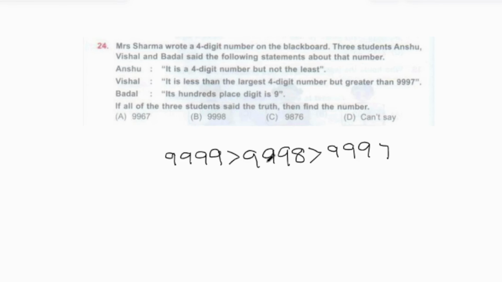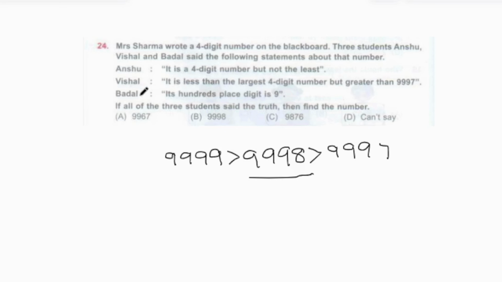right? Now what we can do is validate the result that we got from Vishal to check if Anshu and Badal's statements comply with the answer. It is a 4-digit number, which it is, but not the least, and is not the least 4-digit number, right?